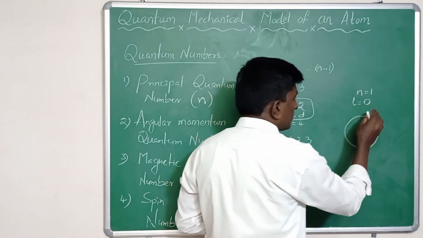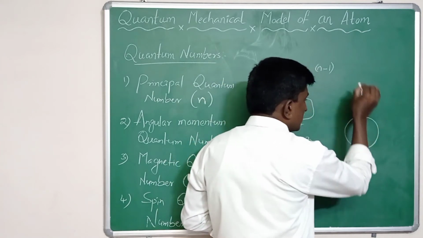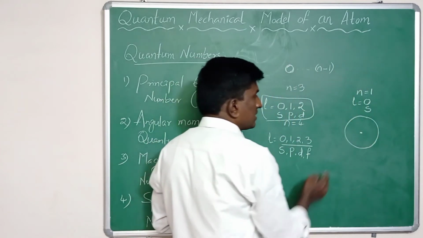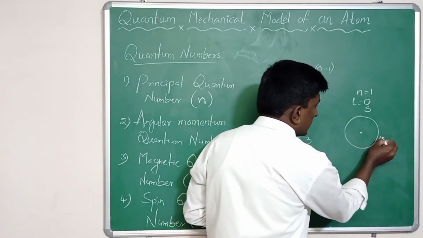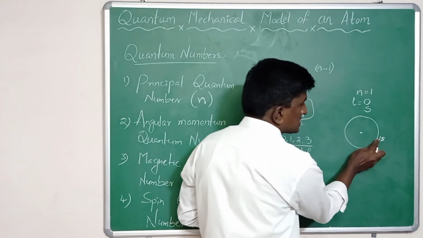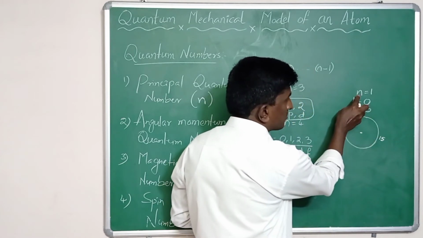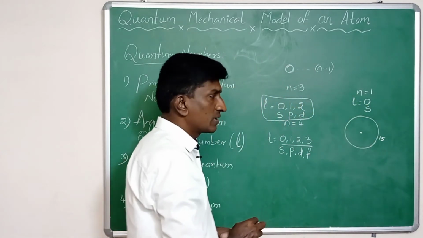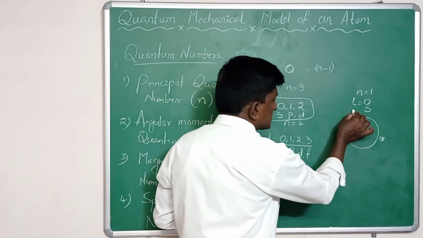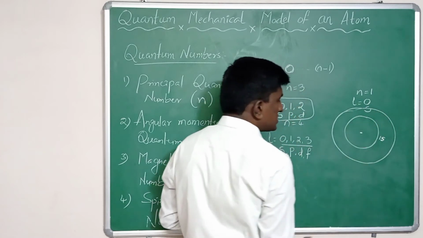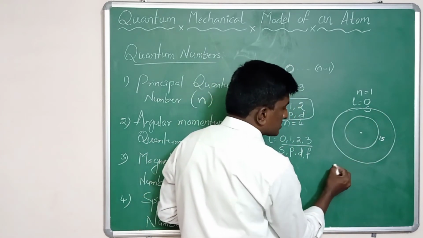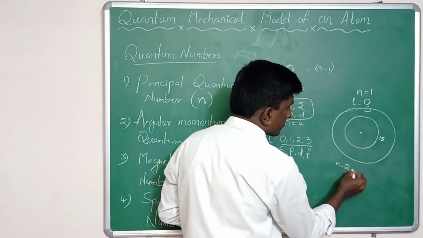Only one value is present, the S orbital. The subshell of the first orbit is denoted 1s, where 1 represents the principal quantum number. Similarly, the second main shell divides into 2 subshells. So here n equals 2.